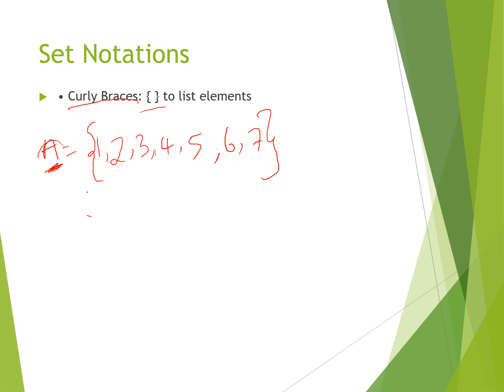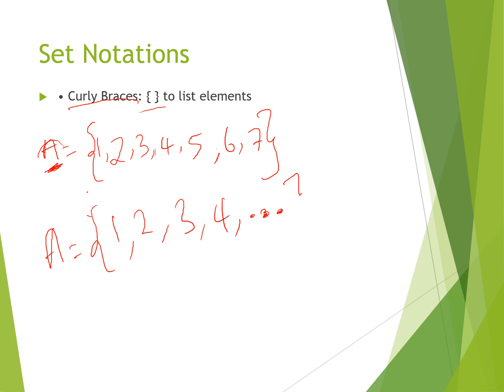Then when it is not possible or is impracticable or it's going to waste time to list all the elements of a set, let's say I want to list from 1 to 100: 1, 2, 3, 4. Now, to save time, space, and energy, I can just use these 3 dots. What do we call them? We call them ellipses.